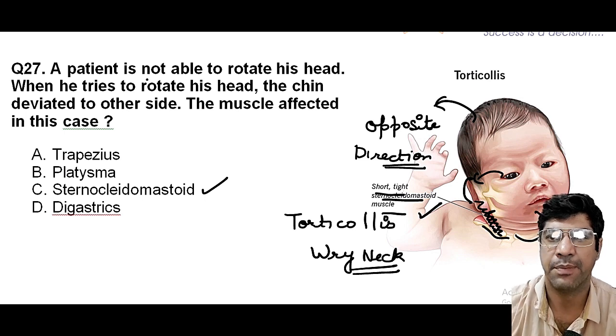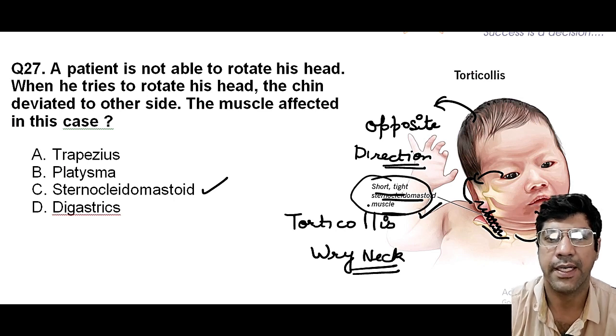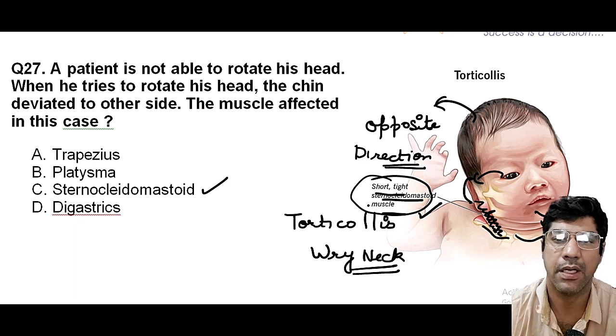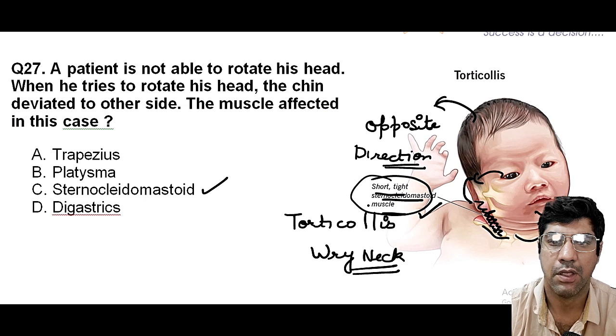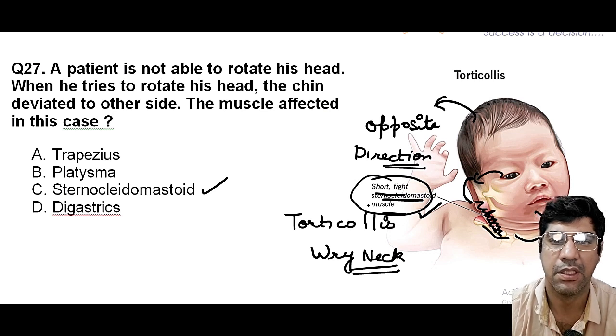So if your left sternocleidomastoid is shorter or tighter than the right one, it may cause the head to tilt and rotate involuntarily to one side. That makes it difficult for a person to hold their head in a normal straight position.